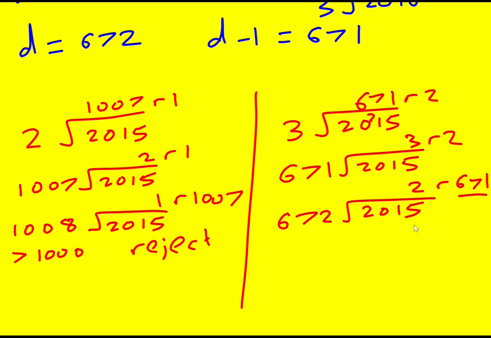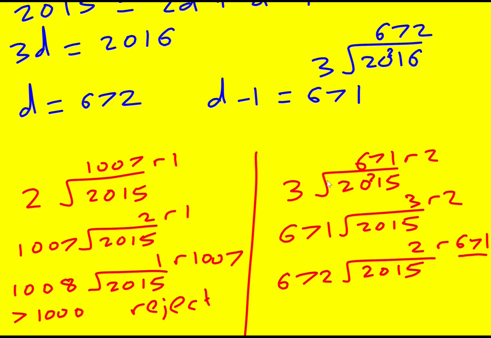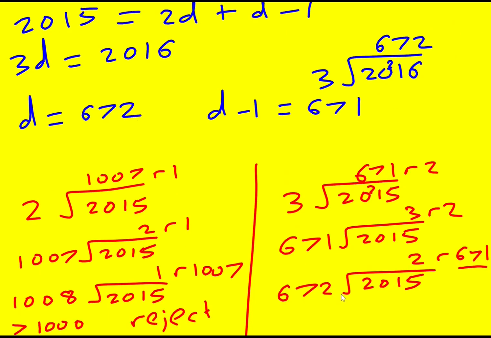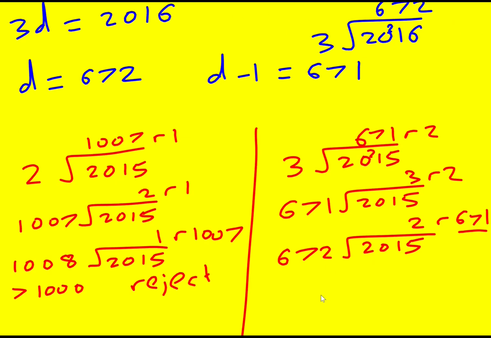Now, if we divide by anything larger than that, but less than 1008, then I'm going to get a quotient of 2, but the remainder is definitely going to be smaller, because the quotient uses up more. I've got 2 times, say, 700. That's going to be 1400. So I'm going to get less remainder. So that is an alternative way of arguing that it's 671. And we don't need to carry on. We don't need to divide by 4 because we're definitely going to get a lower remainder from that as well.